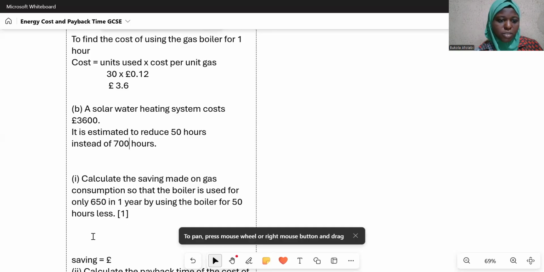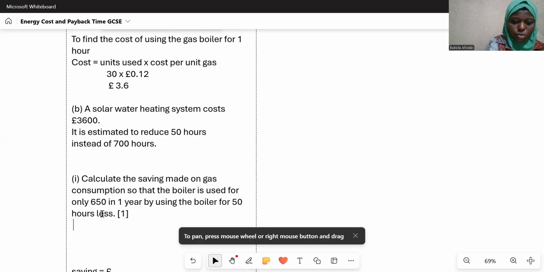So first, let's calculate the units used for using the gas boiler.